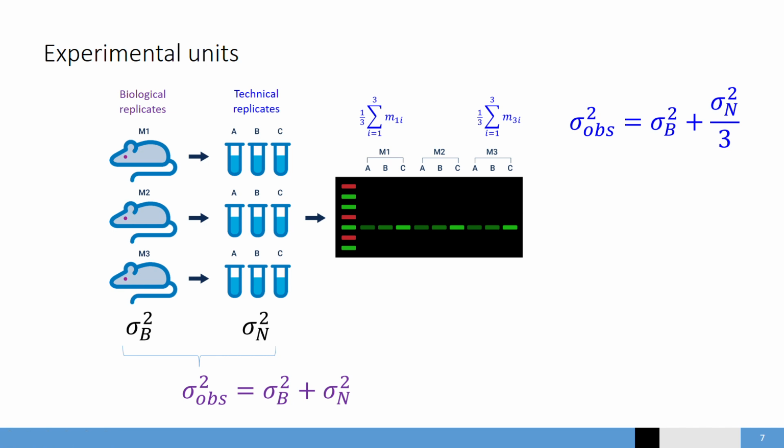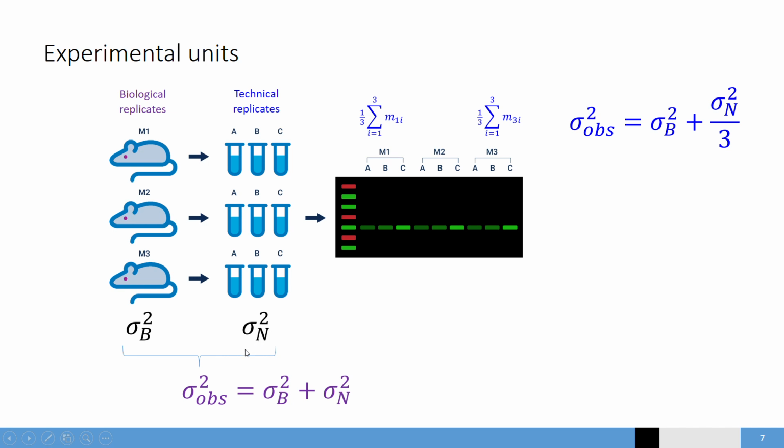Because not all regions in the animal will respond exactly with the same strength, or because you have noise in your analytical procedure, you will have 3 estimates of that average number of the animal, and these 3 numbers will not be exactly the same. So they will also have some associated variance. I have called this sigma squared n, for noise.